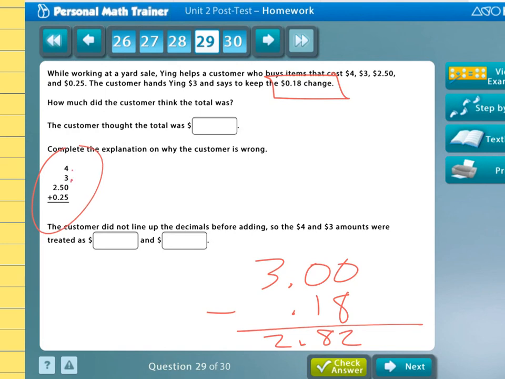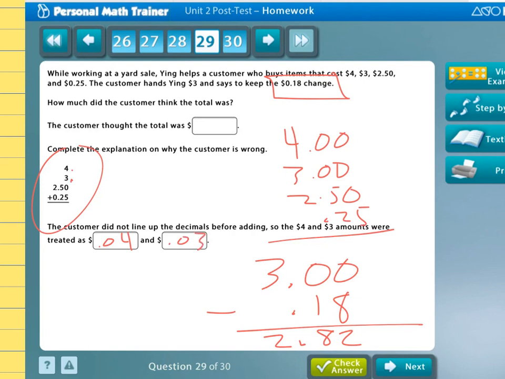So this customer did not line up the decimal points. It should be 4.00, 3.00, 2.50, and 0.25. So they treated 4 and 3 as 4 cents and 3 cents.